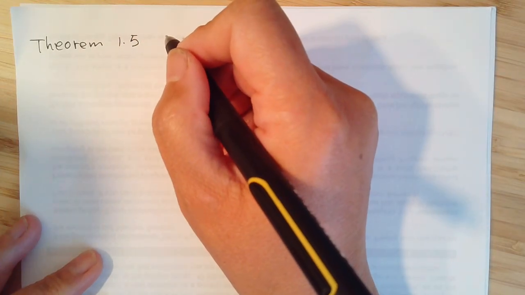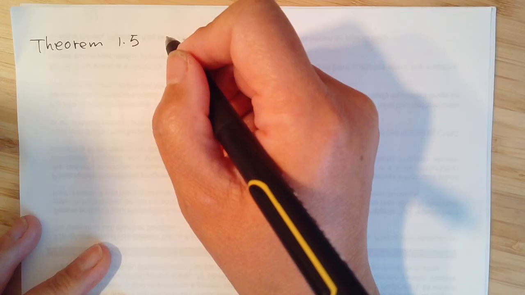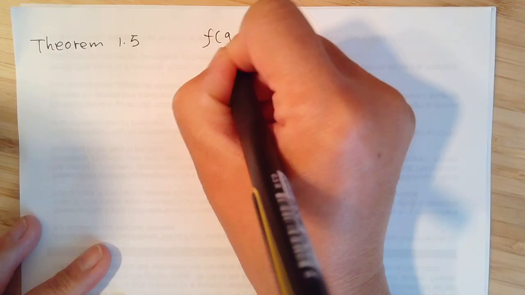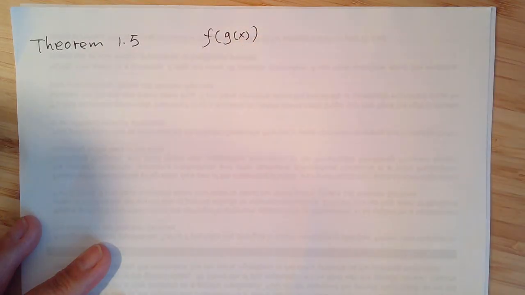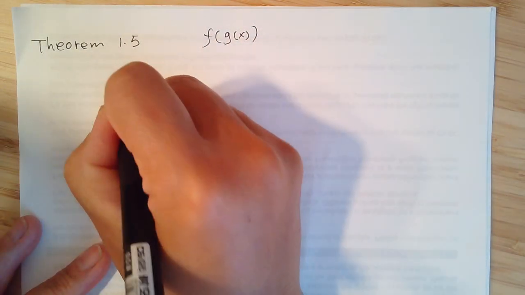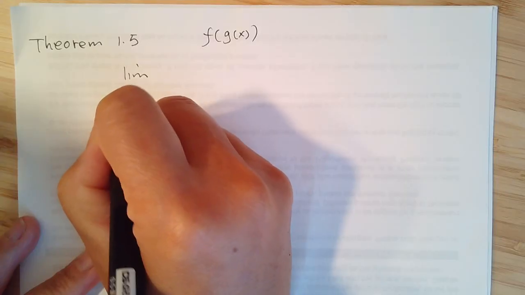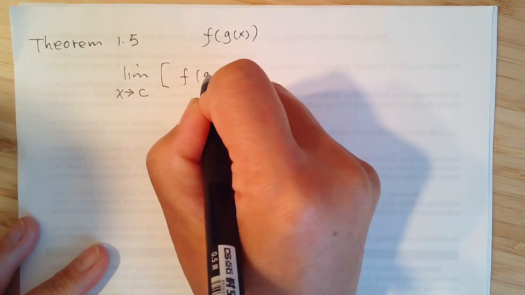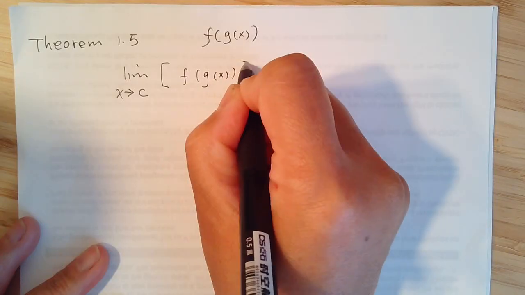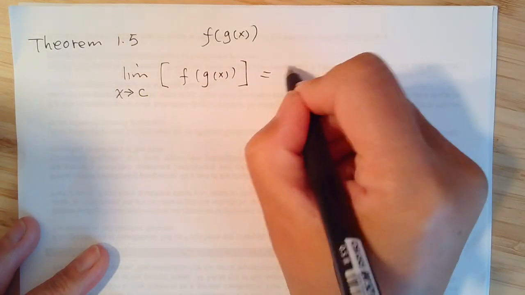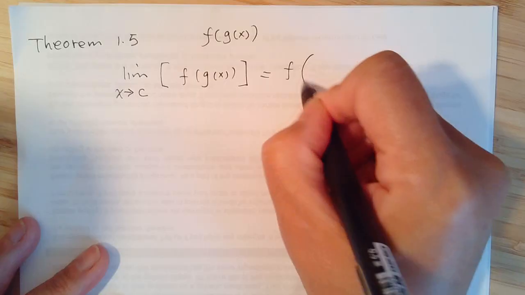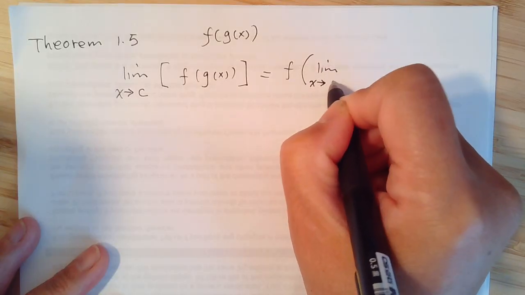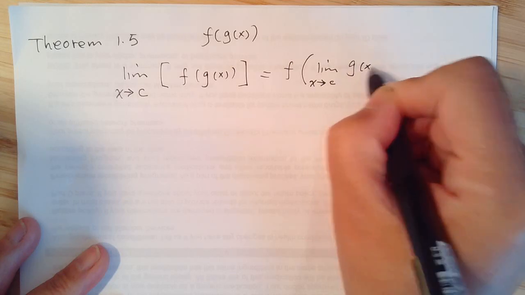What is a composite function? A composite function is f of g of x, right? So the limit as x approaches c of f of g of x will be f of the limit as x approaches c of g of x.